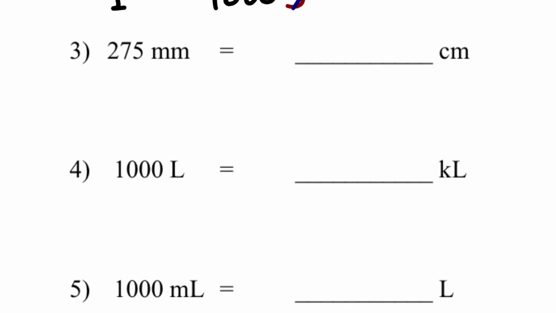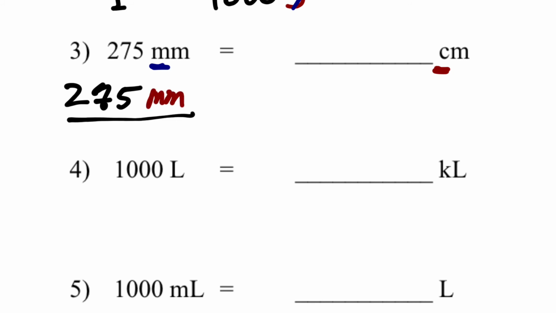Problem number 3 is going to be a little more challenging because it has a millimeter as well as a centimeter. Those are two different units with two different prefixes, so you will have to do a 2-step conversion before you can get to the final answer. In this case, you will start off with the 275 millimeter, and that will start us off with the first one.